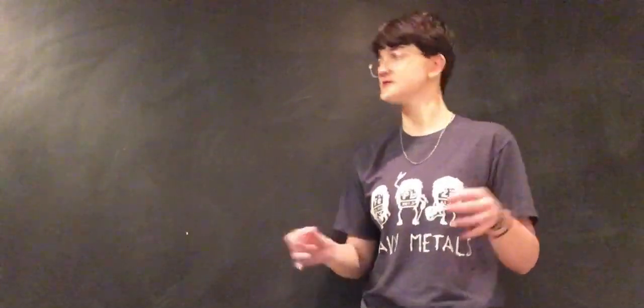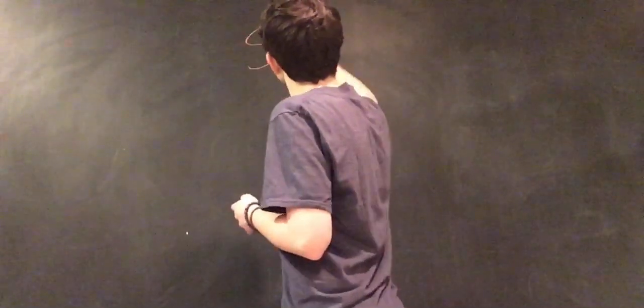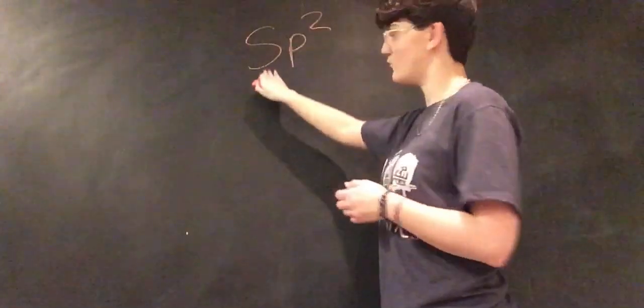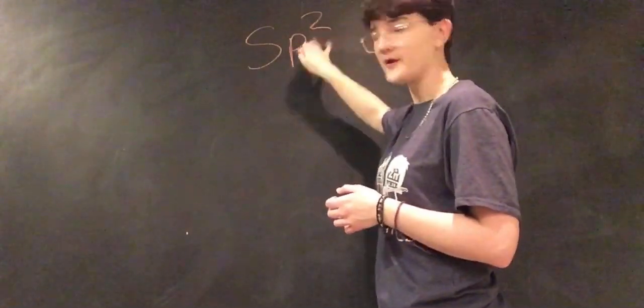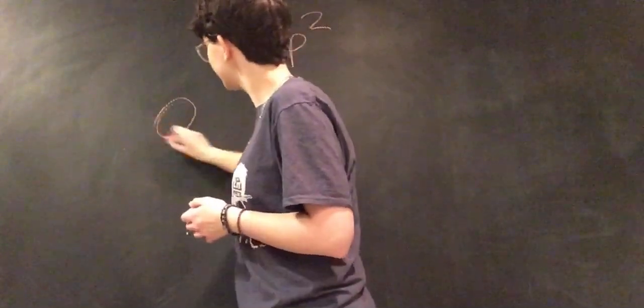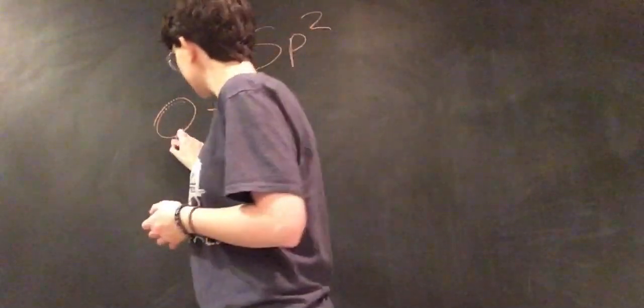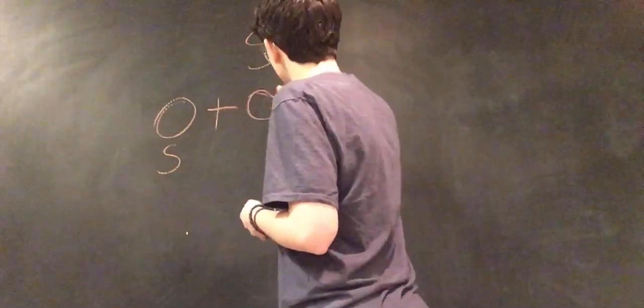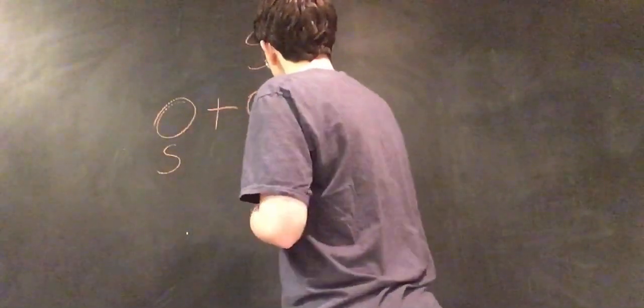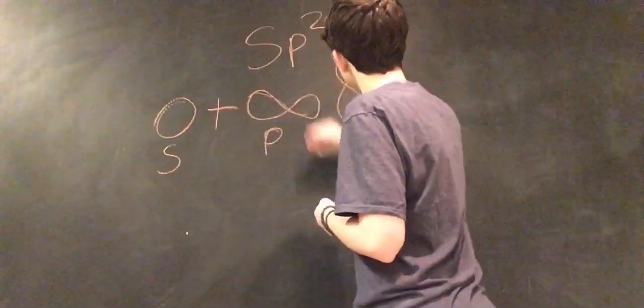The next types are sp2 and sp3 orbitals. So sp2 orbitals are the hybridization between one s orbital and two p orbitals, which is why you get the little 2 up there. So on the molecular scale, they look like 1s plus 1p, and then another p.